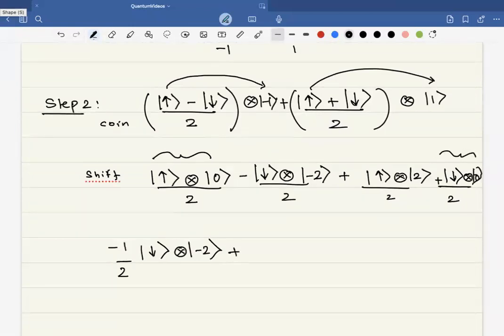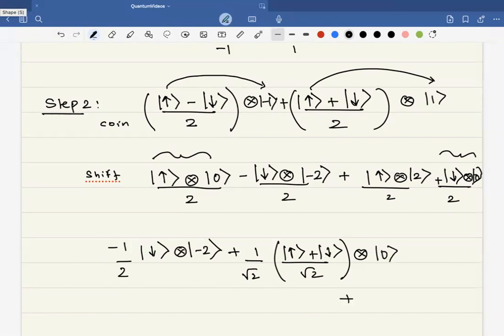So I'll write this as 1/2 up plus down over √2 tensor 0 and plus 1/2 this term up tensor 2.